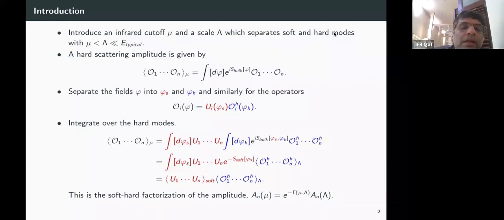And then this factorization is the statement that there's an operator made only of the lighter phis, and another operator made only of the heavier phis, but no cross terms. No cross terms, exactly. And if you just substituted in the operator, that wouldn't be true. But somehow it flows down to that. Yeah, it flows down. It gives us the soft-hard factorization here. So that's one motivation for that to be true.